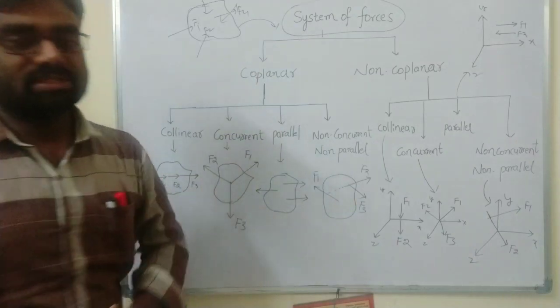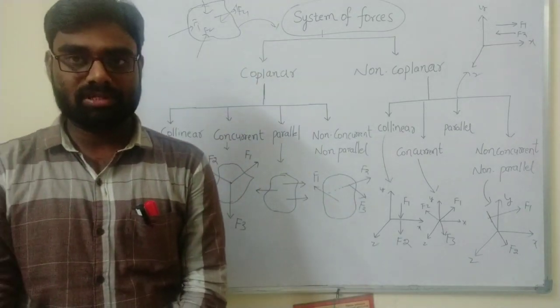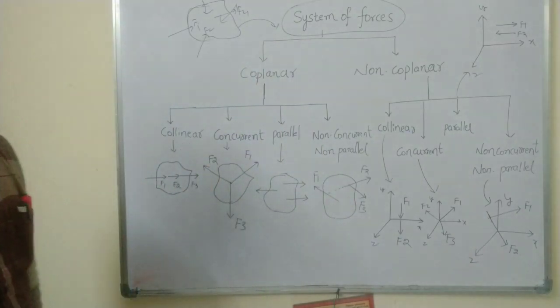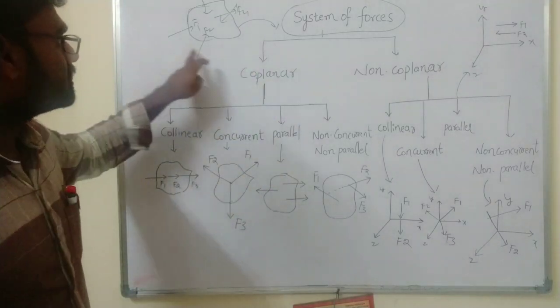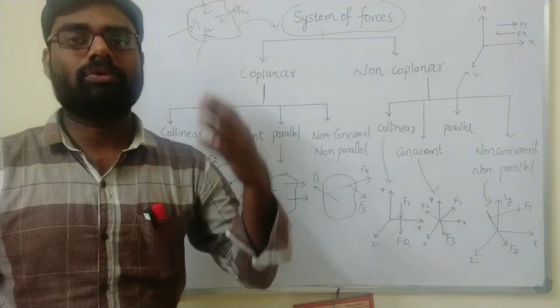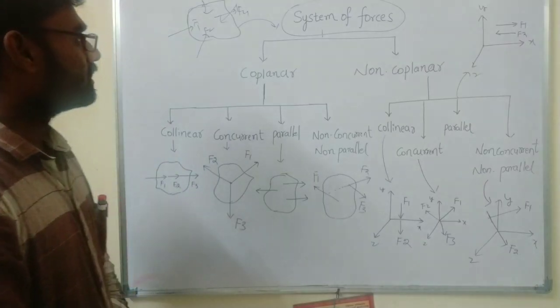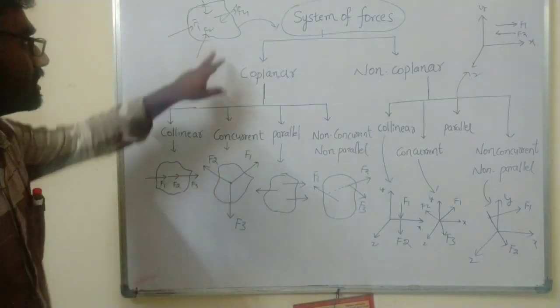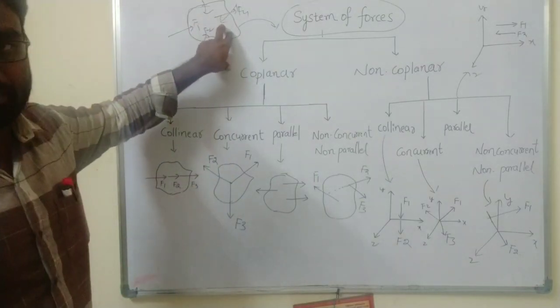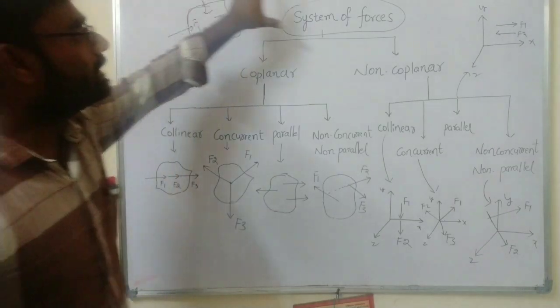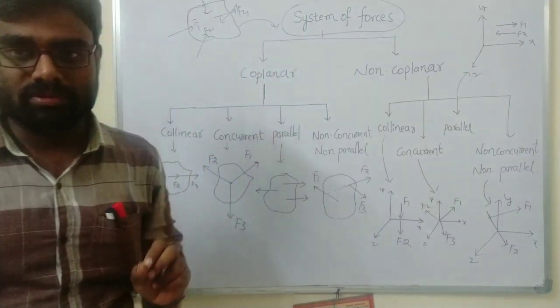So the definition of system of forces: several forces, F1, F2, F3, F4 and so on, acting simultaneously on a body is called a system of forces.